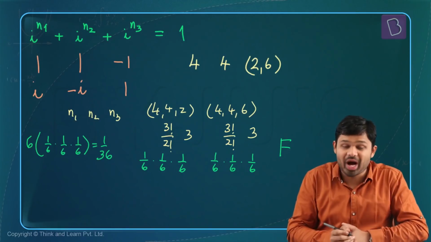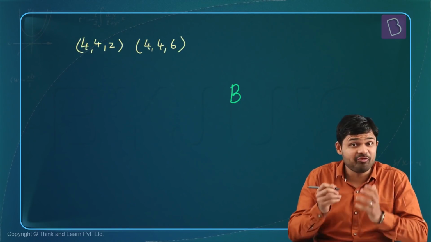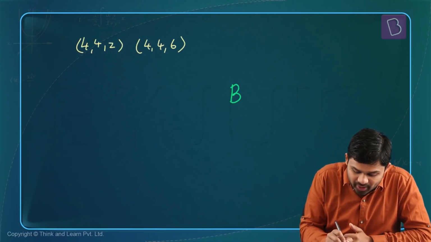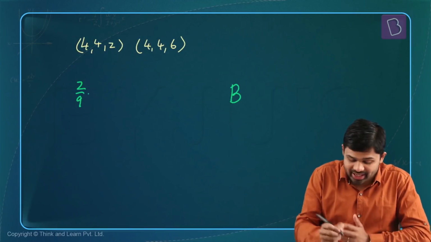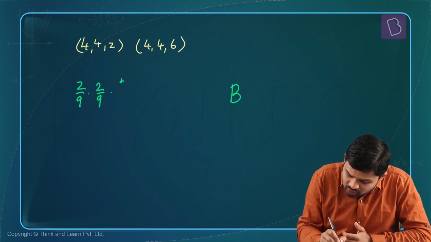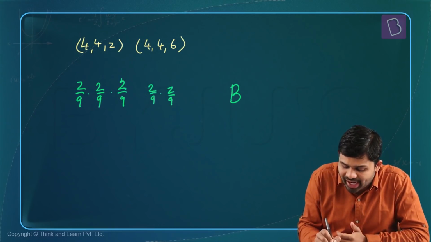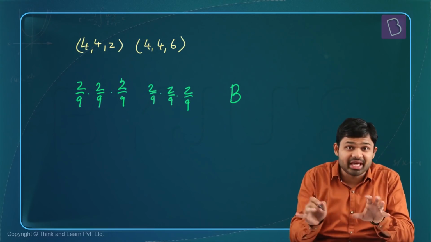But what happens if you have the biased die? Well, if you have the biased die, then for 442, 4 has a probability of 2 by 9, 4 again has a probability of 2 by 9, and 2 has a probability of 2 by 9 again. Same with the case of 6: it's going to be 2 by 9, 2 by 9 and 2 by 9. Again, 3 cases of these.